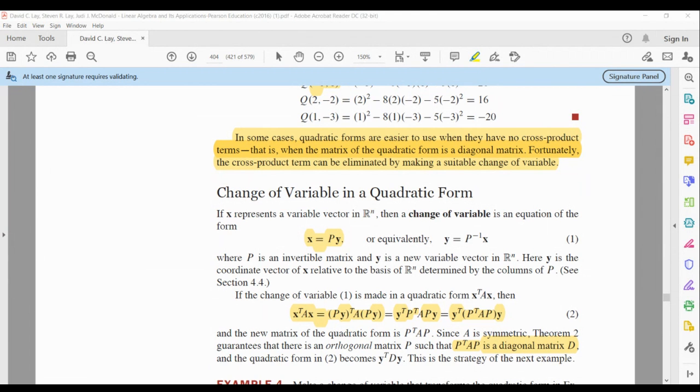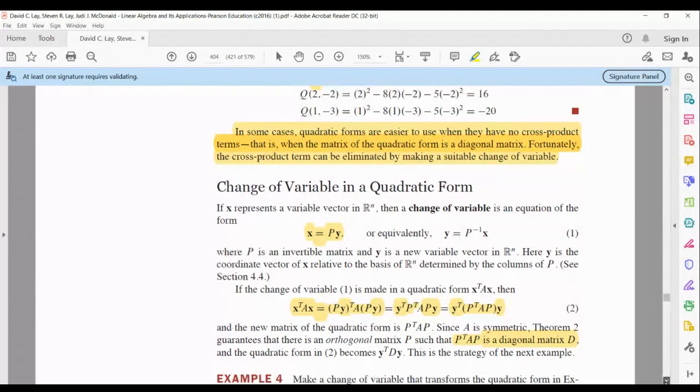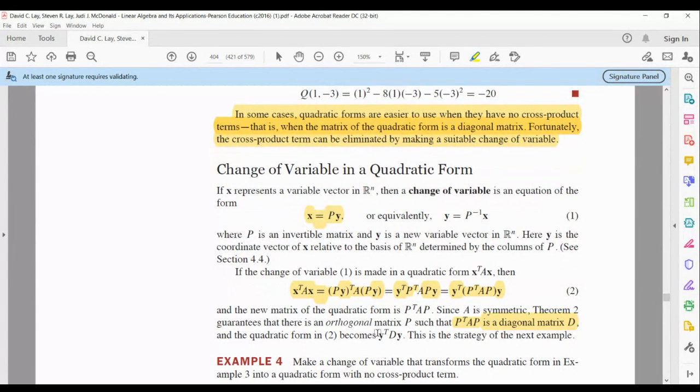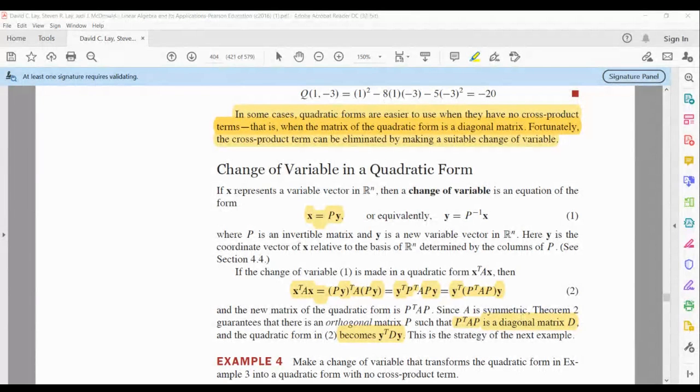And so with this change of variable, the quadratic form becomes y transpose times D times y. There won't be any cross product terms. That's what you're doing here. You eliminate cross product terms.